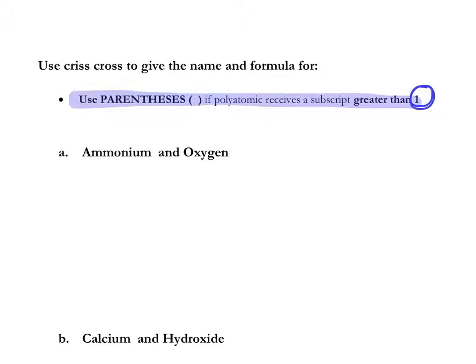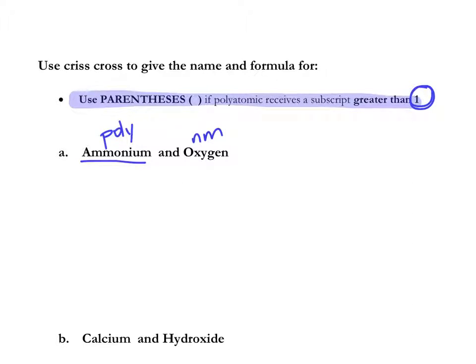So let's start with ammonium and oxygen. Ammonium is your polyatomic ion. Oxygen is a nonmetal. So on your reference chart, find ammonium.